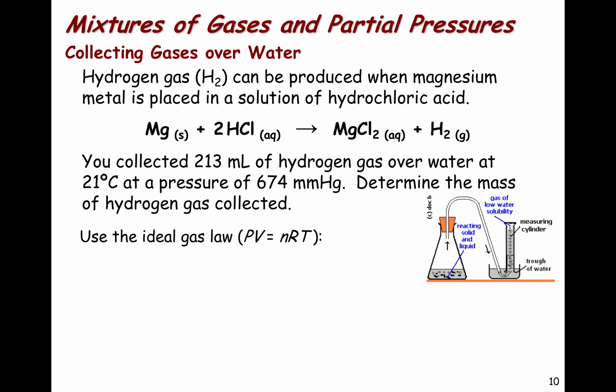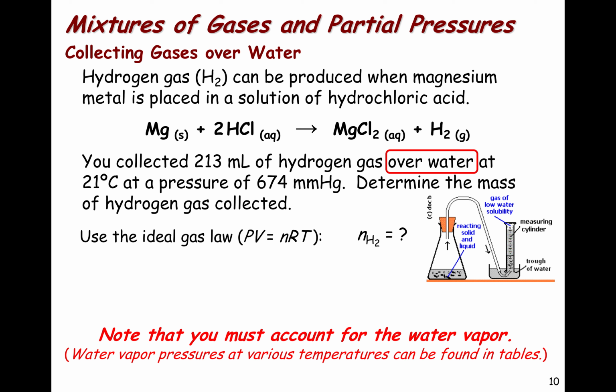So, in this case, we're going to use the ideal gas law, PV equals nRT, and we're going to try to first figure out the number of moles of the hydrogen gas. To do this, we have to remember we've collected it over water, which evaporates, and therefore the gas that has been collected is a mixture of hydrogen and water.